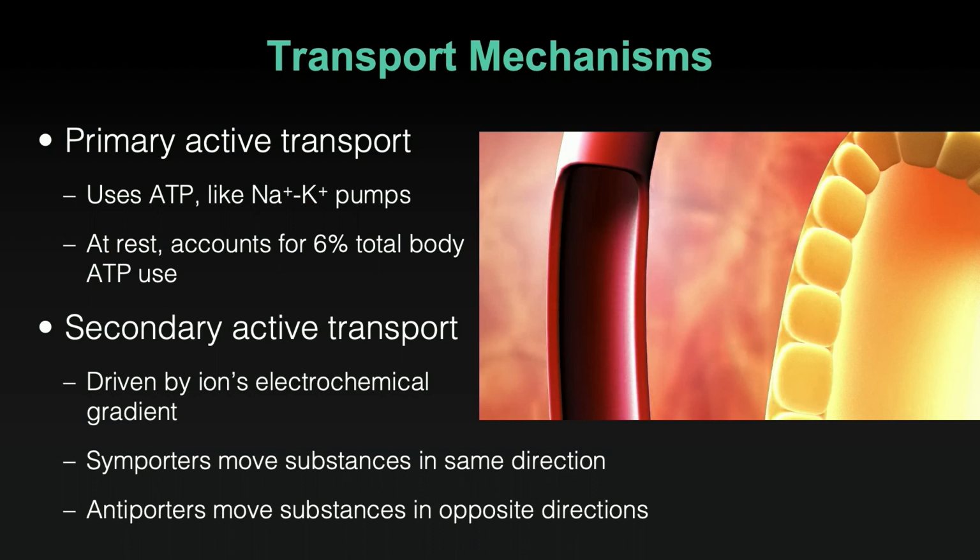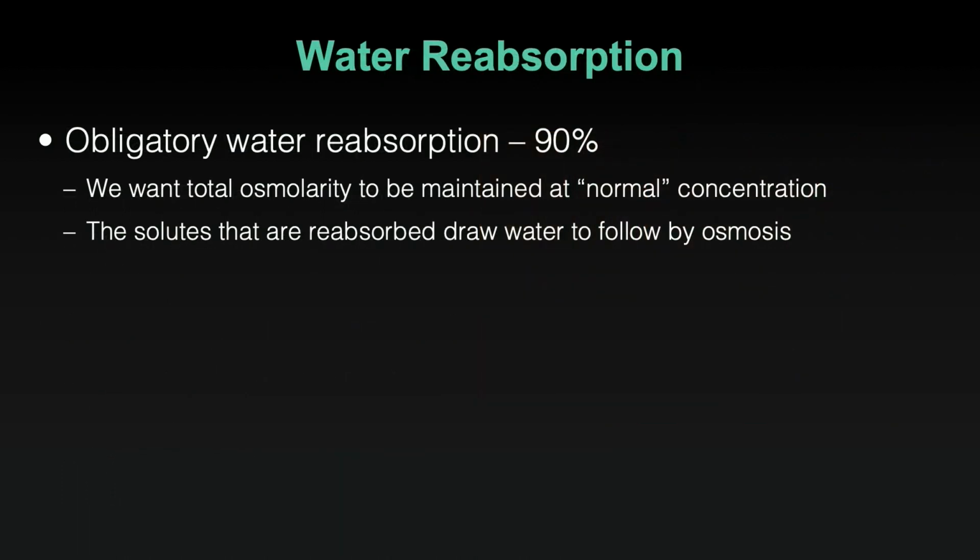Now these describe movement of solutes, typically ions. They don't describe movement of water. Water movement is generally passive, and there are some structures that will permit water to move more easily, but water movement is generally passive.